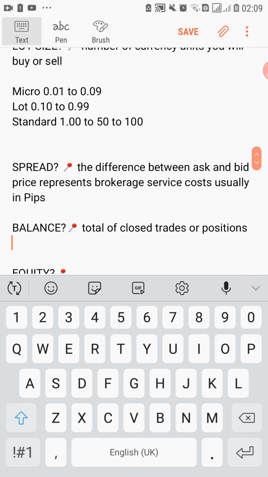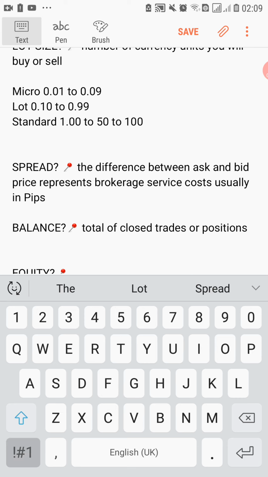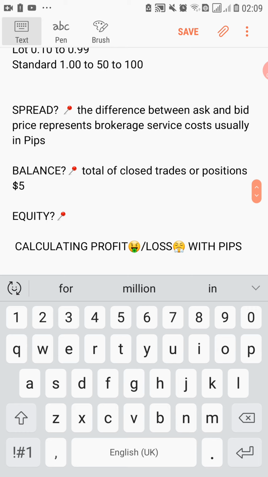This means if you had, let's just say, invested $5 for easy math, let's just stick to dollars. If we invested $5 and we hadn't yet opened any trades, or we had closed all our trades and made a total profit of $5, this would show on our balance.